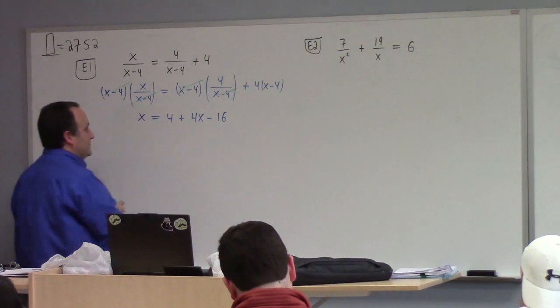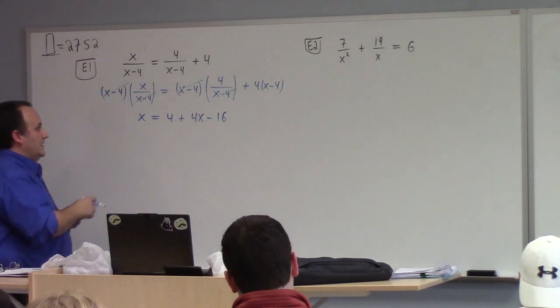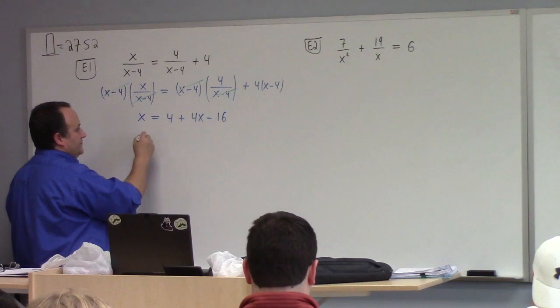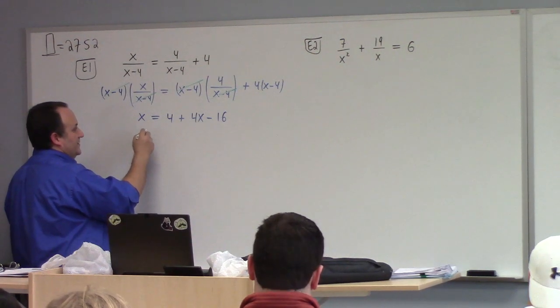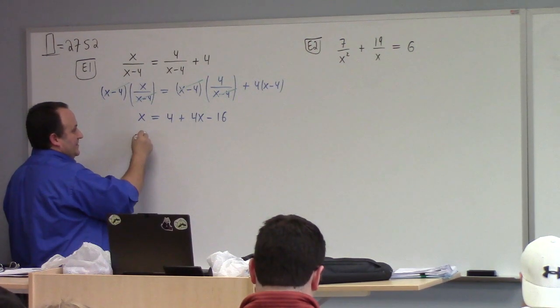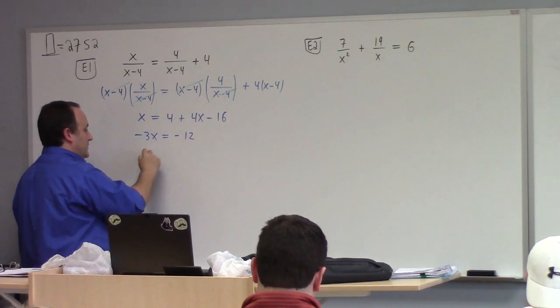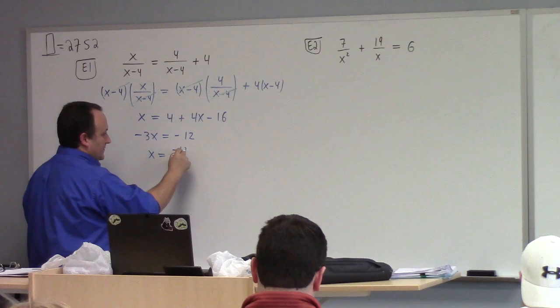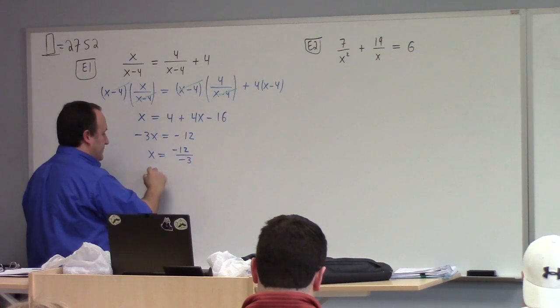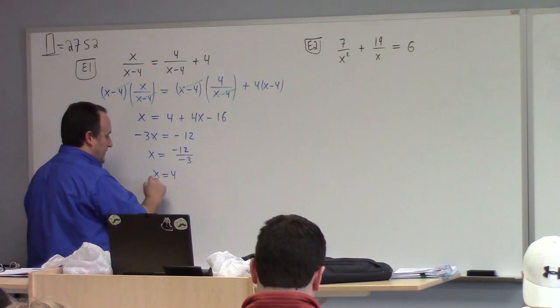Right. And then you combine like terms and move them to the other side. Okay, so we get minus 3x equals minus 12. And divide, and you get x equals 4. X equals 4, that's right.